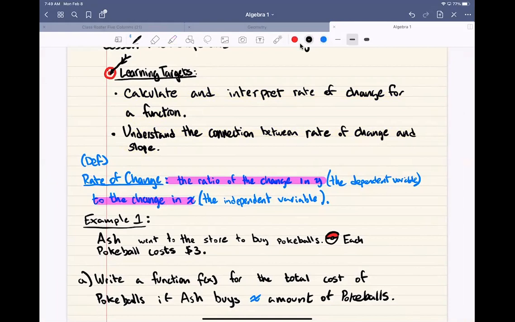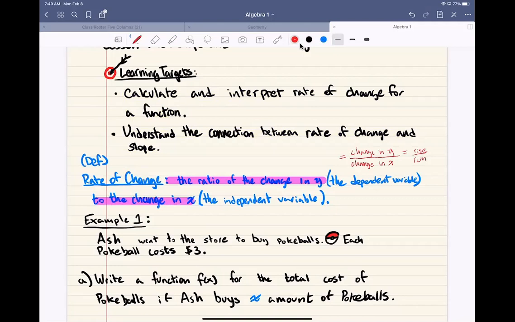Let me write this down real quick. We're basically saying change in y over change in x. You know what's the same thing as that? The rise over the run.